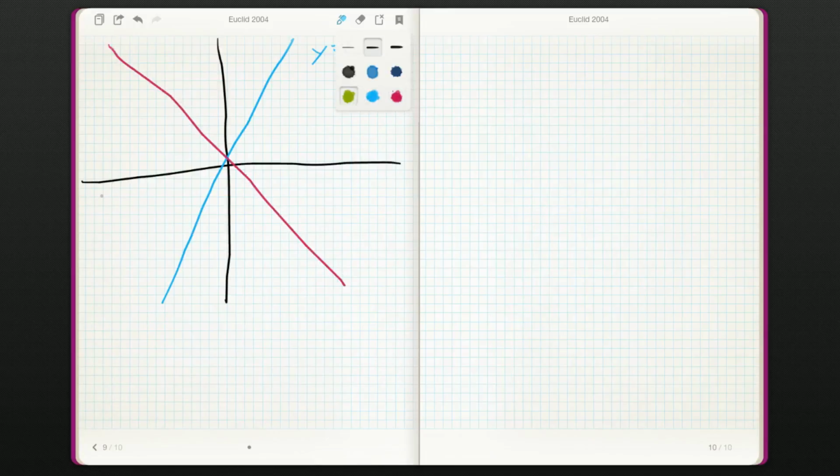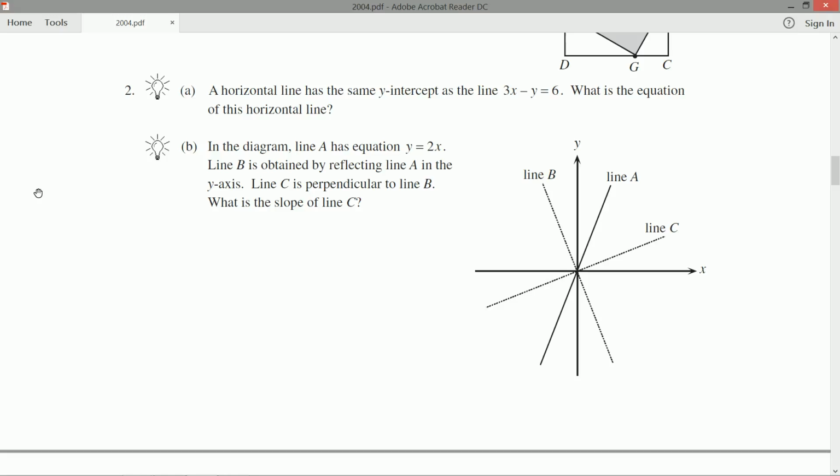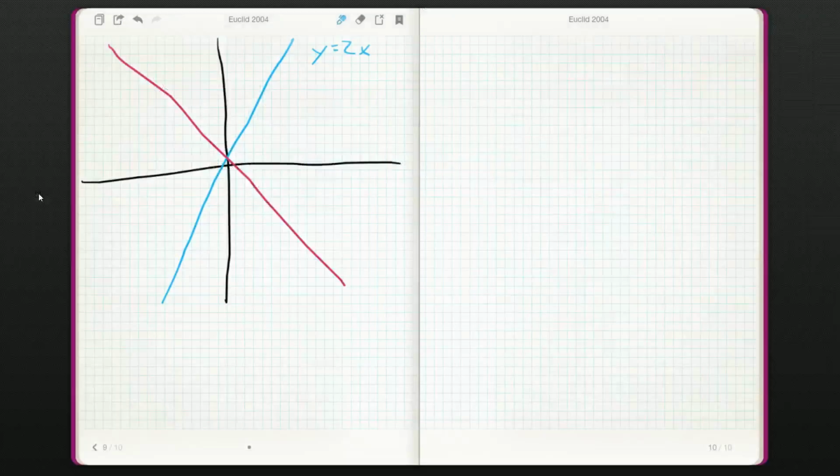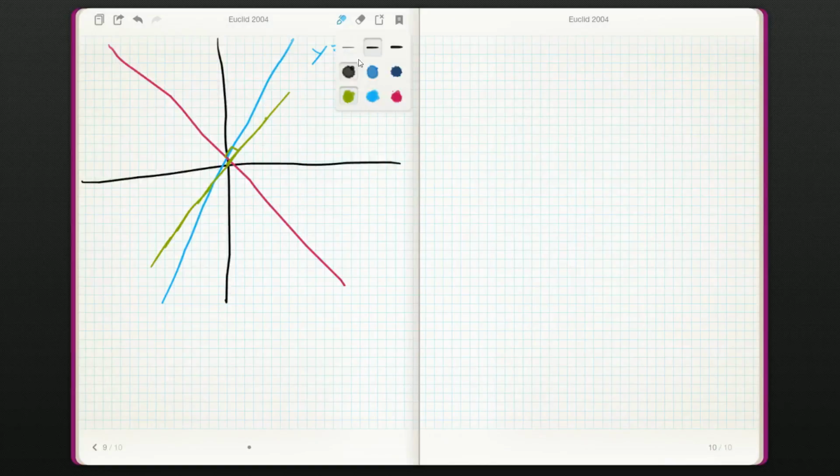And then we have line C, which we're just told is perpendicular, although I think their picture goes through the origin. Not that that's important. And so it'll be perpendicular. So there's our line C. Okay, so what are we to do?